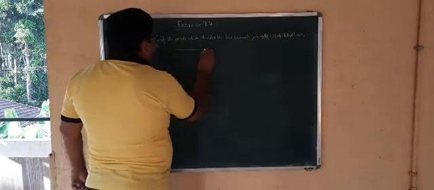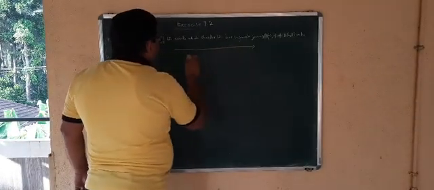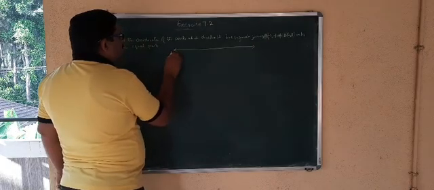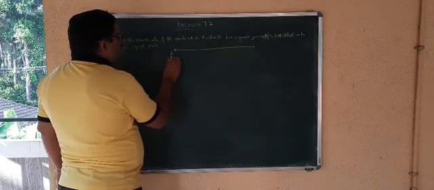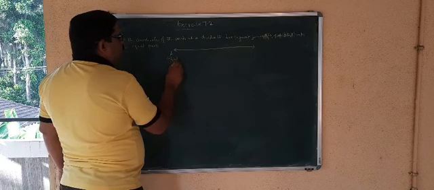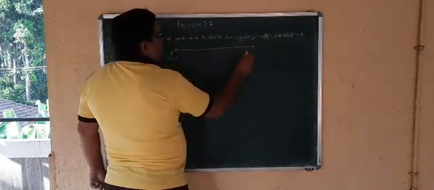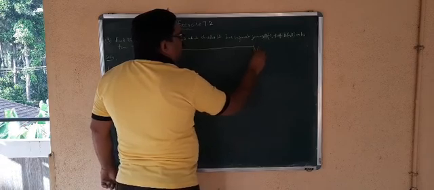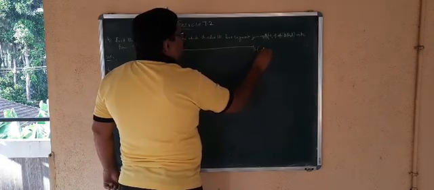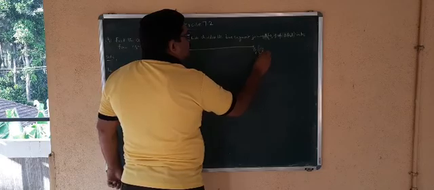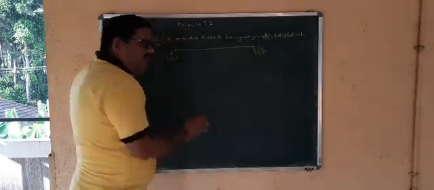Suppose this is a line segment, that is A with the coordinates (-2, 2), and this is the point B with coordinates (2, 8). We have to divide this line segment into 4 equal parts.